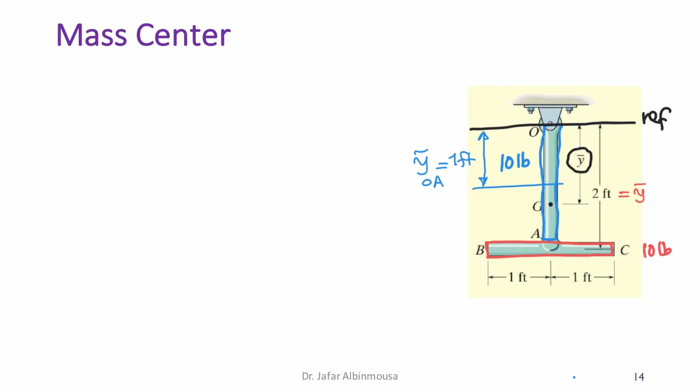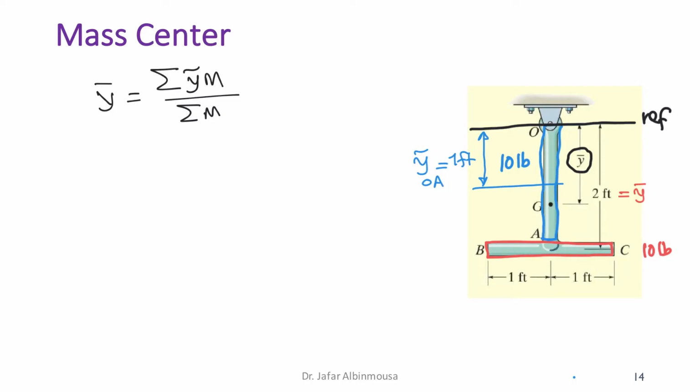Now, the equation says that the center of mass for the composite body is equal to the sum of y tilde multiplied by m, divided by the sum of all masses.